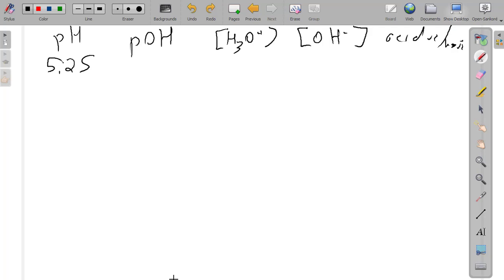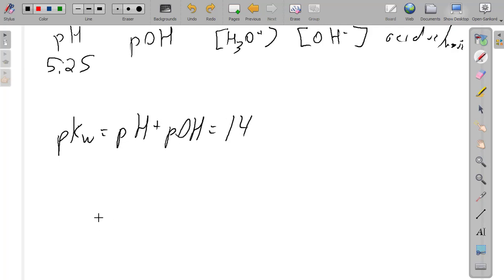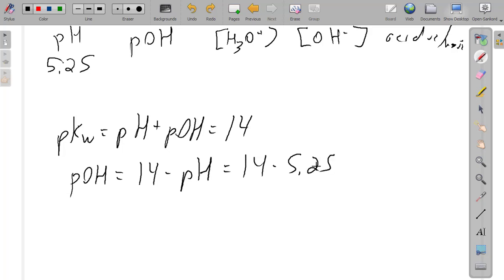All right. So again, we know then if pKw equals pH plus pOH equals 14, then pOH must equal 14 minus the pH then. 14 minus 5.25 gives us a value of 8.75.